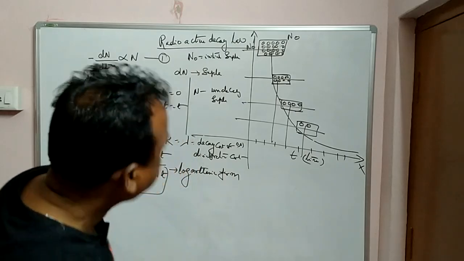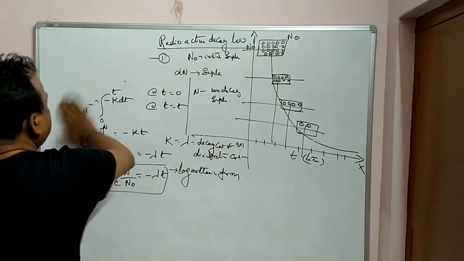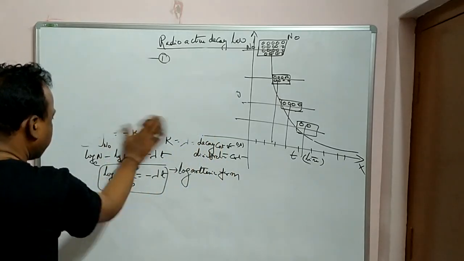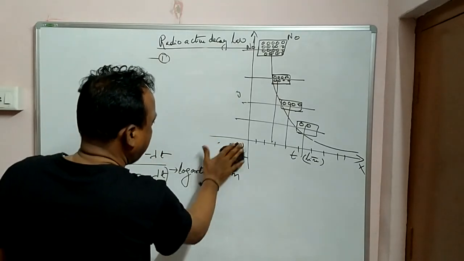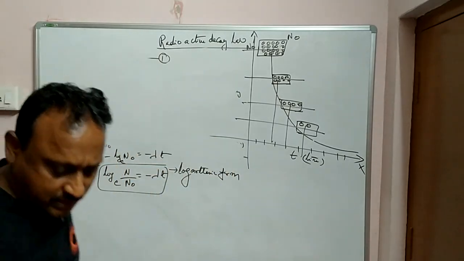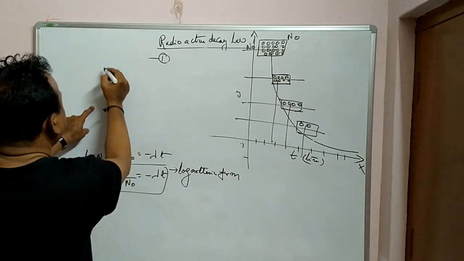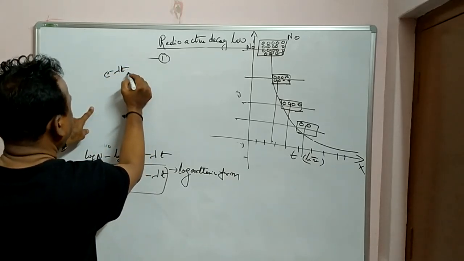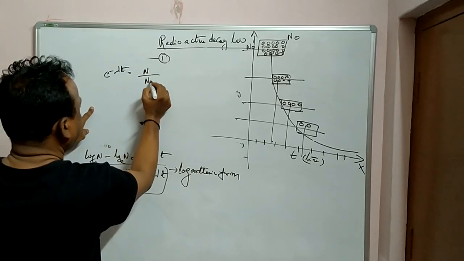Okay, right. Now the same equation, I will write in a different form. This is the logarithmic form. E power minus lambda t, I can put as N by N0.